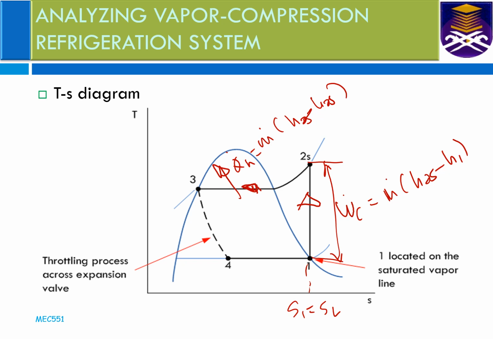This gives a negative value because heat rejection from the system to the surrounding is negative. Finally, process 3 to 4 is a throttling process across the expansion valve where there is no power, W is equal to 0, so H3 is equal to H4. And then this is the heat absorption from the refrigerated space, Q dot C, which is equal to m dot (H1 minus H4).